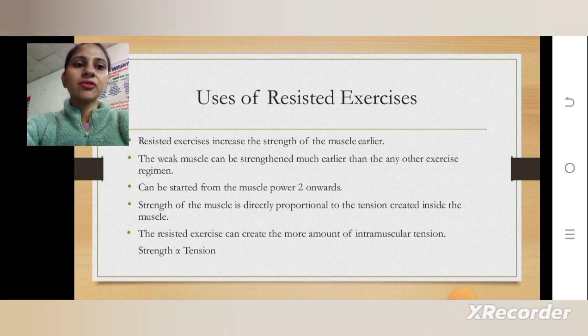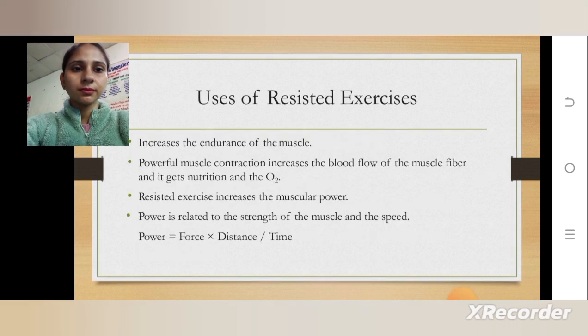A weak muscle can be strengthened much earlier than with any other exercise regime. It can be started from muscle power 2 onwards. Strength of the muscle is directly proportional to the tension created inside the muscle. Resisted exercise can create a greater amount of intramuscular tension.